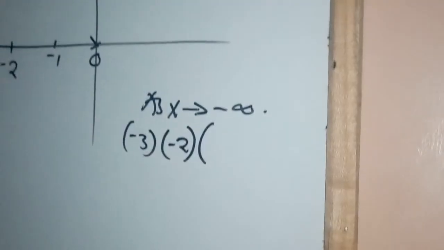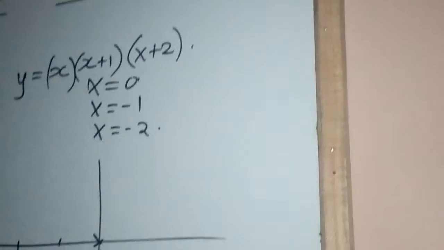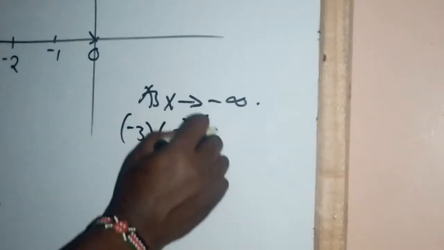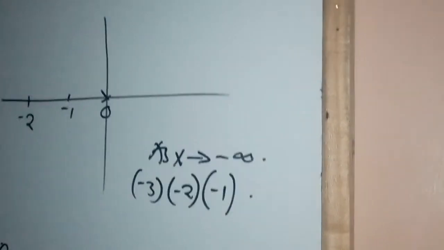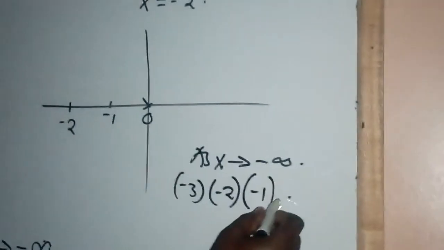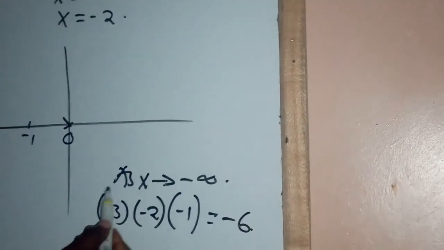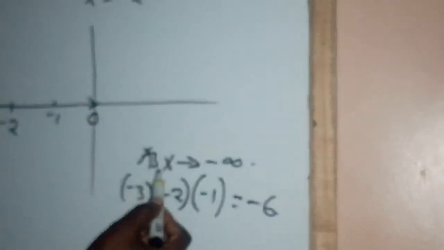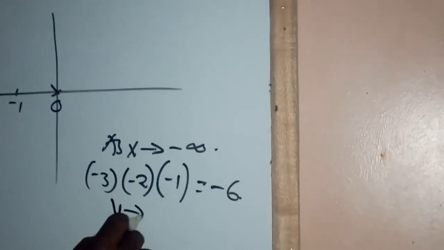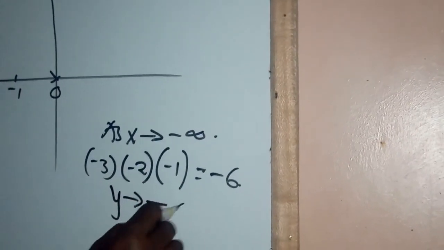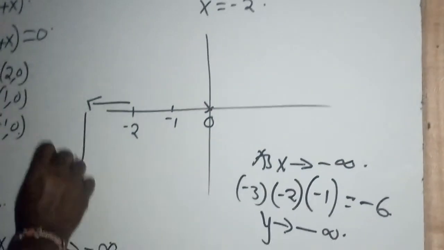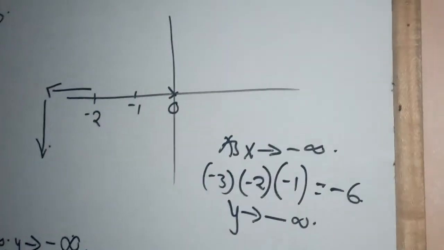The third bracket gives us -3 plus 2, -1. Of course, you can see all this is negative 6. So as x approaches negative infinity, y approaches negative infinity.